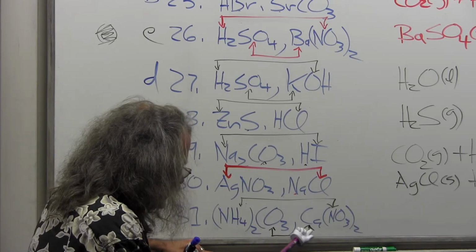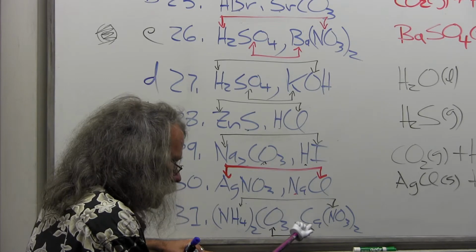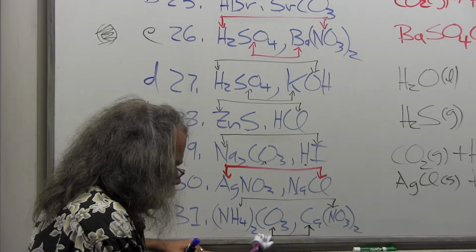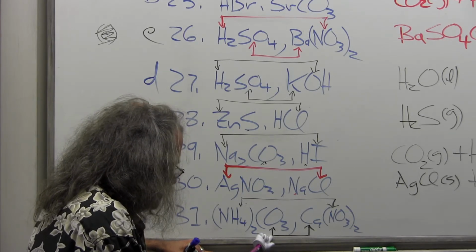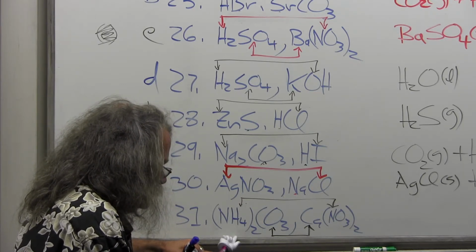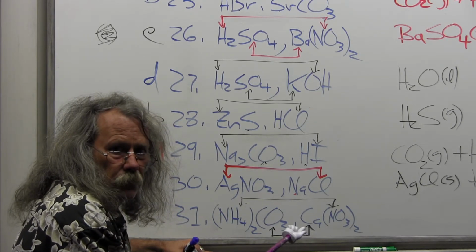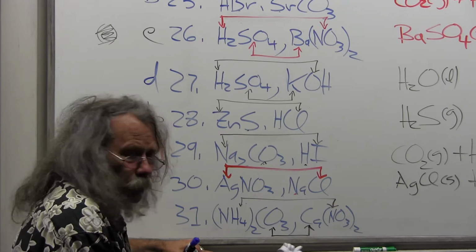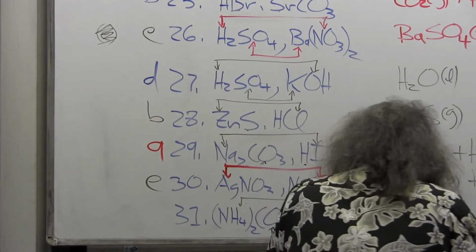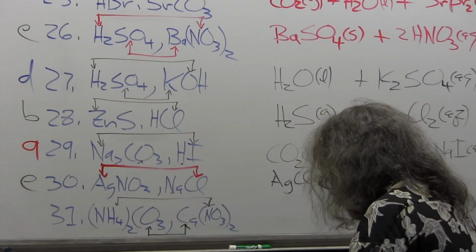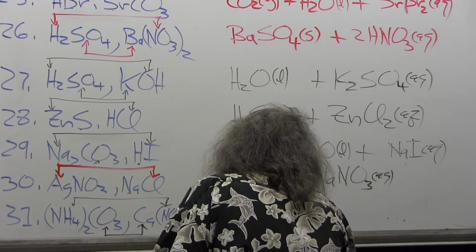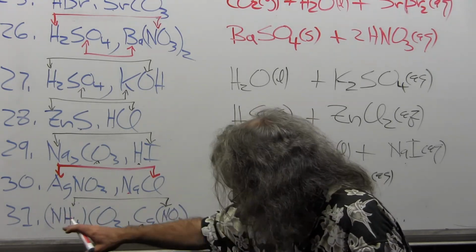Now I've got carbonate and calcium. I don't have a rule for calcium, but I have a rule for carbonate. We do see calcium in some of the exceptions, but carbonates are insoluble except in the presence of ammonium salts or group 1 ions, so there is no calcium exception there. So calcium carbonate is insoluble, which is good news if you're a shellfish, because most seashells are made out of calcium carbonate. It wouldn't last as long in water if they were soluble. And so that means I'm going to get calcium carbonate as a solid, plus, and I already know, the ammonium nitrate.